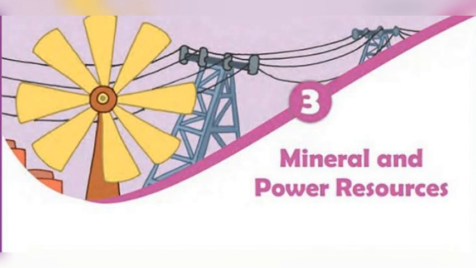The site of the world's first solar and wind powered bus shelter is in Scotland. The first tidal energy station was built in France. So this is all about chapter 3, mineral and power resources.